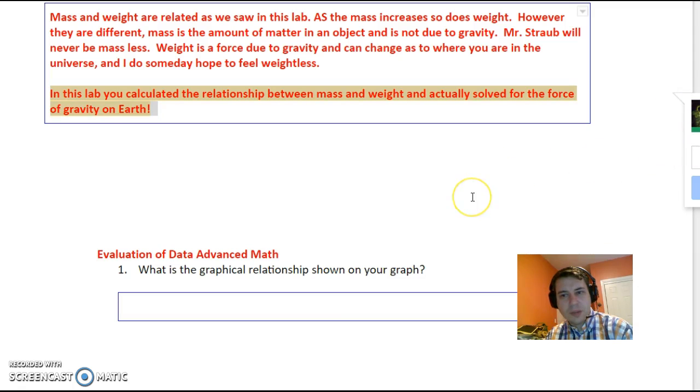Make sure it's a private comment back to me, not inside the lab, but your comment should be a score out of 15. So when you go back to the Google Classroom and click on the private comment to Mr. Straub, go ahead, put the first thing down there as the score, whatever score you think they deserve out of 15. So if they got a perfect score, 15 out of 15.